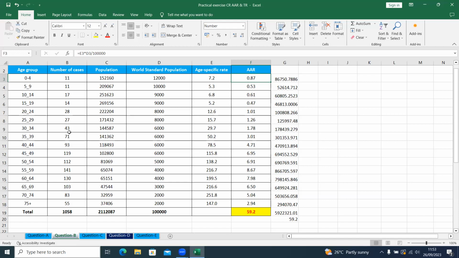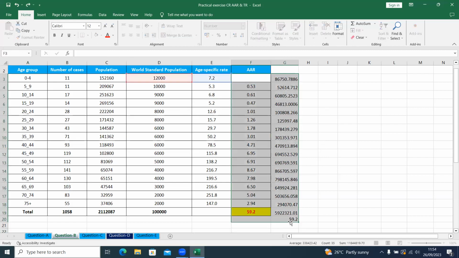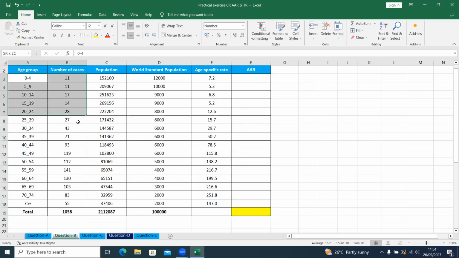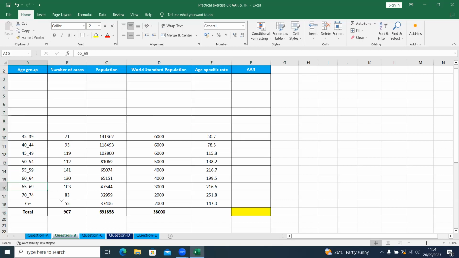Sonali, continue. Now here we have mentioned divided by 100,000 to calculate the age standardized rate. If we need to calculate truncated rate, there are slight changes. I will show you. To calculate truncated rate, we will select the age group 35 to 64.